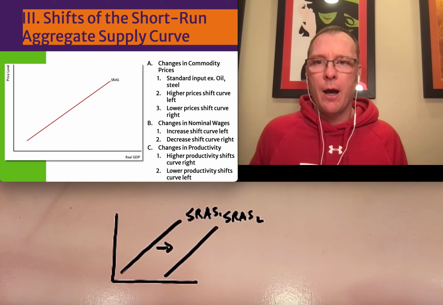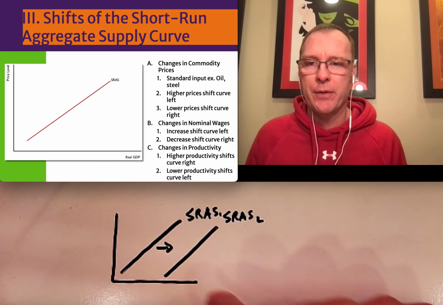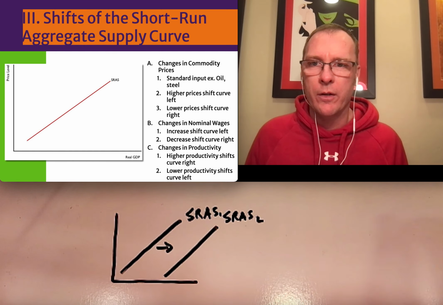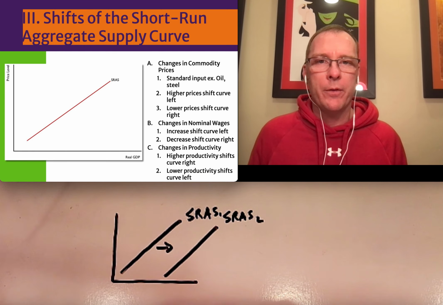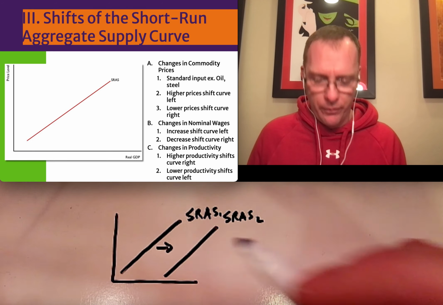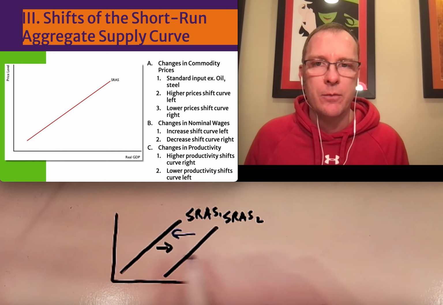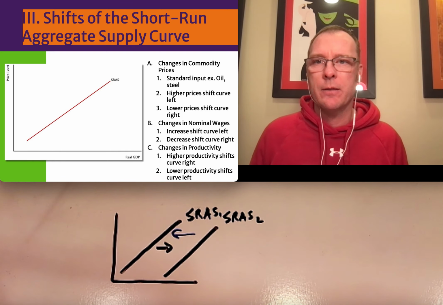When I look at something going up in terms of price, it's going to move the opposite direction. So for example, if all of a sudden steel prices increase, and it's harder for me to get, then I'm going to see the short run aggregate supply for lots of things move to the left because steel is in lots of things.